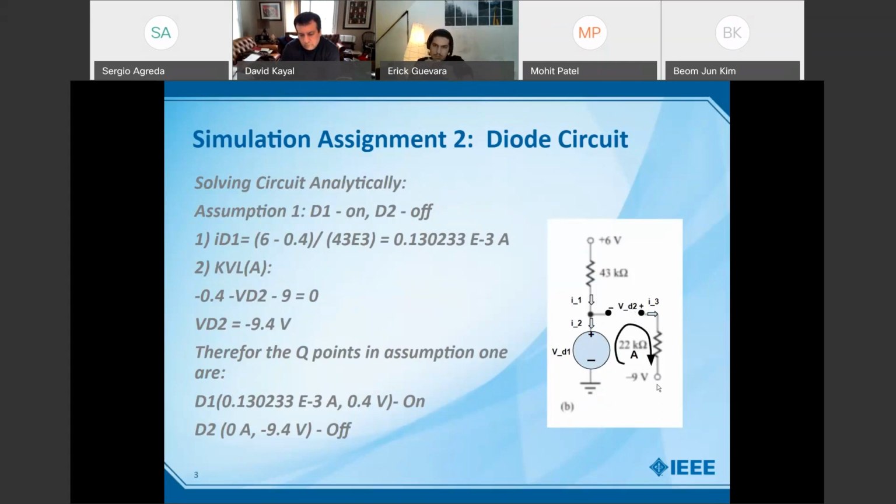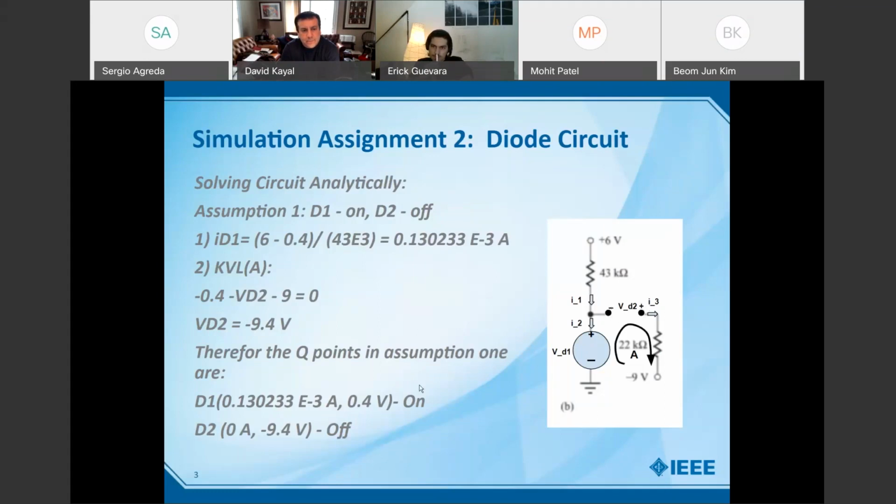But you still have a voltage source here, which significantly impacts the KVL. So when you go around the loop, you include negative 9 volts, and that is all equal to 0, as KVLs are known to be. Then we find that VD2 is equal to negative 9.4 in the terminal configuration that we have set here.